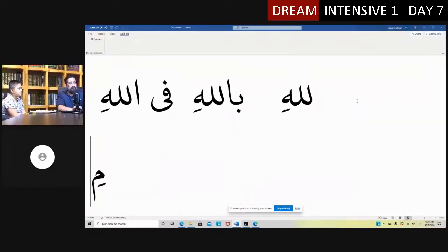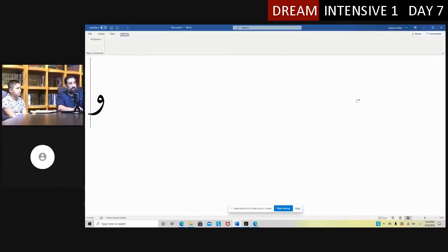If I say min, I say minallahi. If I say wa, I say wallahi with an alif. So the only time the alif even goes away is with lam, lillahi. And that's just a writing standard. Just because there's too many lams now, so it would be redundant to write it like that. So it just became fused together. Lillahi, that's it.